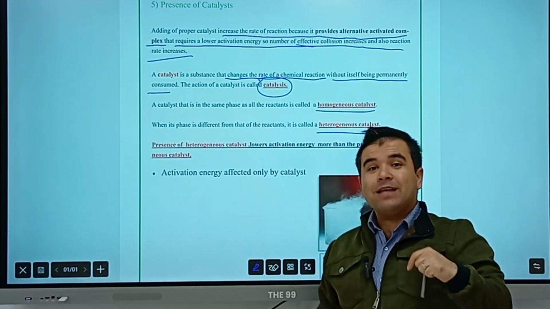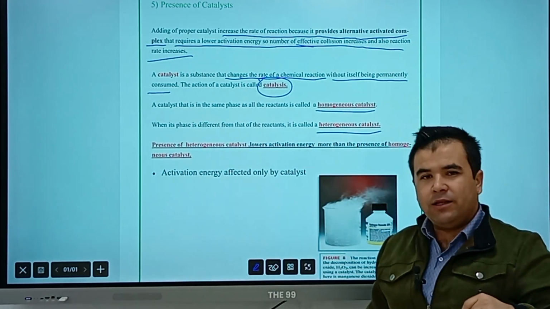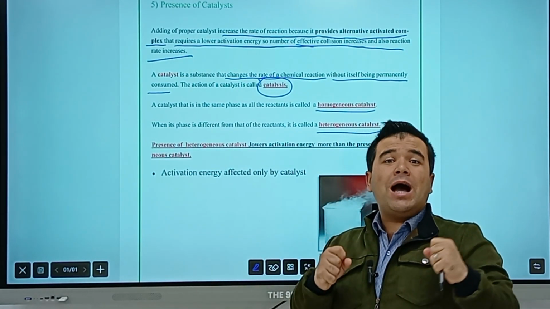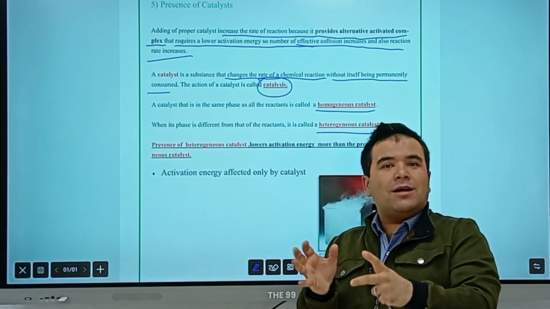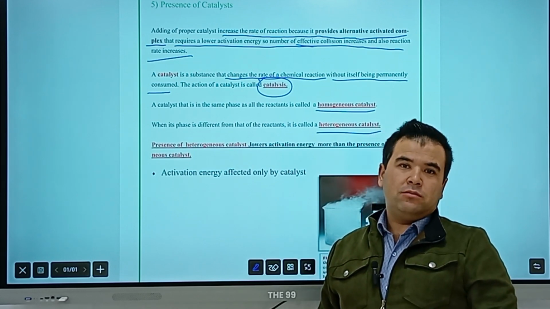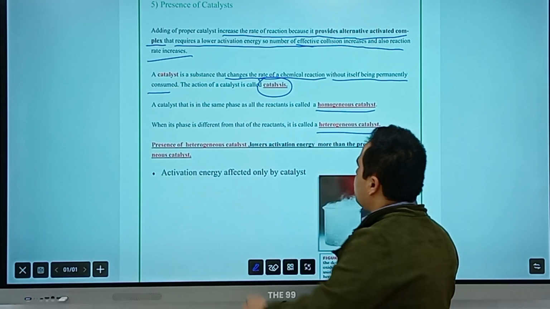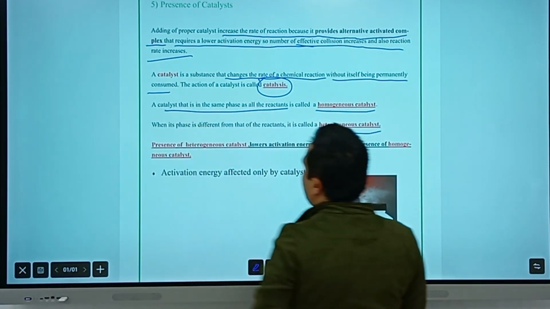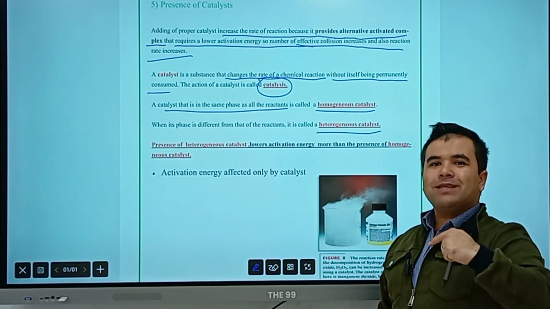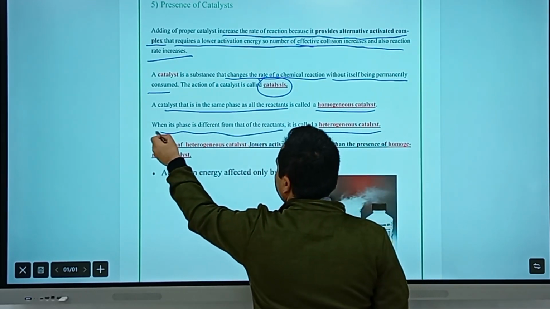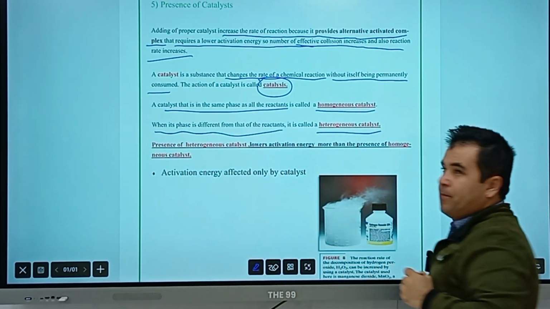A homogeneous catalyst, we will be providing examples, is a catalyst which has the same phase as the reactants in the reaction. But a heterogeneous catalyst has a different phase than the reactants in the reaction.